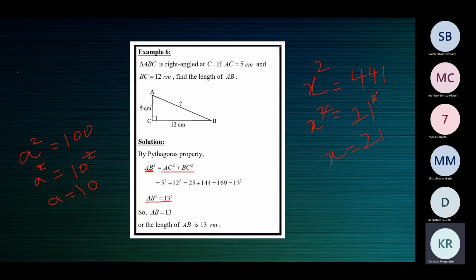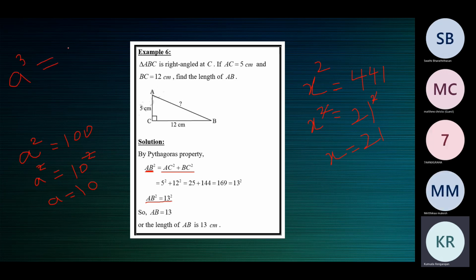The same thing for cube also. Supposing you have a cube is equal to, say, 64. A cube meaning a into a into a, 3 times. So a cube is equal to 64, which is 4 cubed, 4 into 4 into 4.